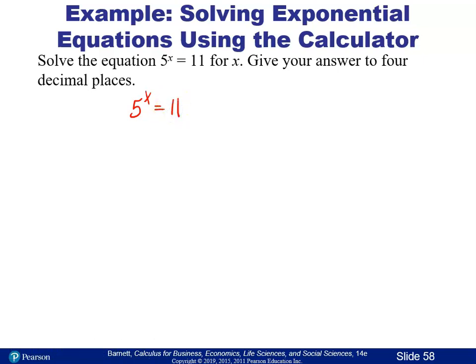Okay, if we have one like this, 5 to the x is equal to 11, we could take a common log. Probably more conventionally, we actually just do the ln. So ln of 5 to the x is equal to the ln of 11. And there are multiple ways to proceed. So if you've learned it a different way, that's fine as well. But what that does is it lets us apply the logarithm property that brings the x down in front.